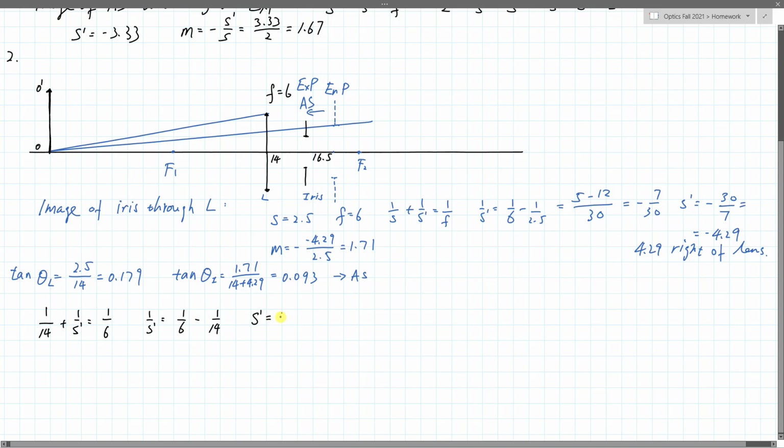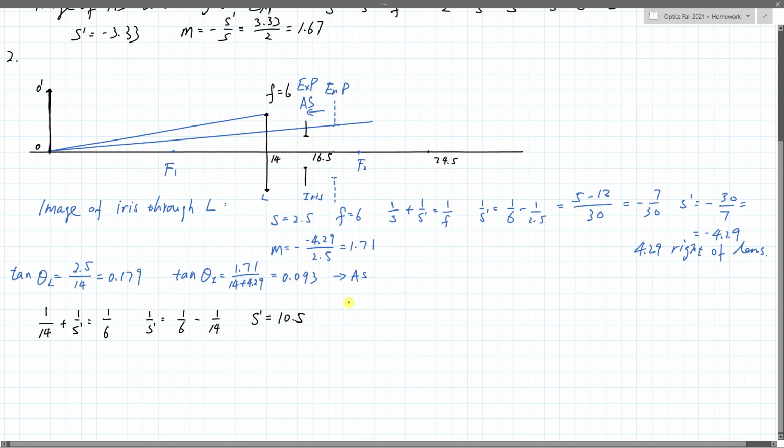So 10.5 is measured from here. That's 14, and then 2, 4, 6, 8, 10. So here's 10.5, or 24.5 from the very left.